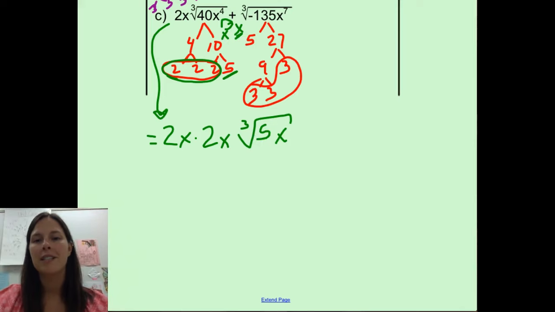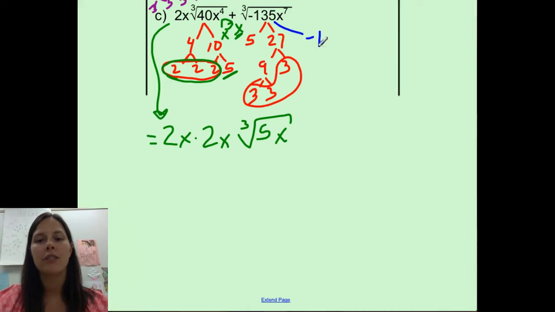The second piece is a little bit trickier. We have a negative sign under the cube root. Remember when we evaluated the cube root of -8, our answer was negative. We can think of this as also having a factor of -1.